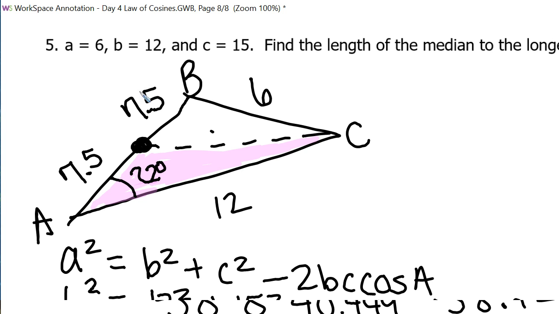And now, how can I find this side A on that triangle in pink? Did you use sine? Can we do all signs there? Do we have an angle inside here, on the little triangle, on the pink triangle? No, so we can't use the law of sines, so we have to use cosine.